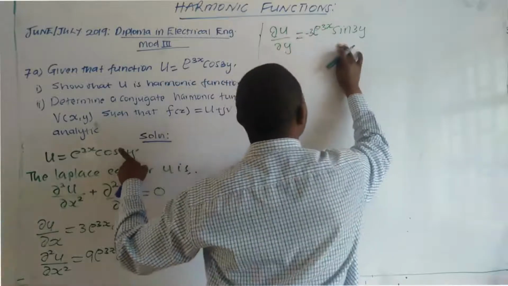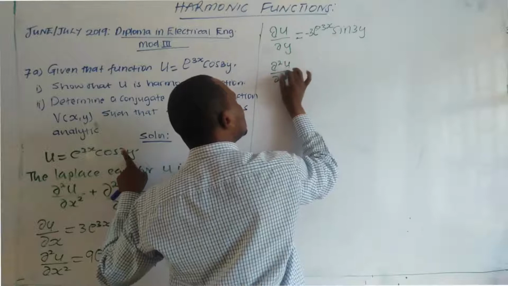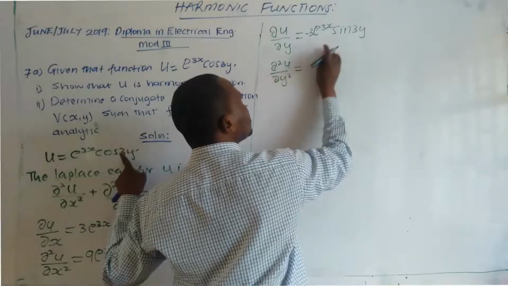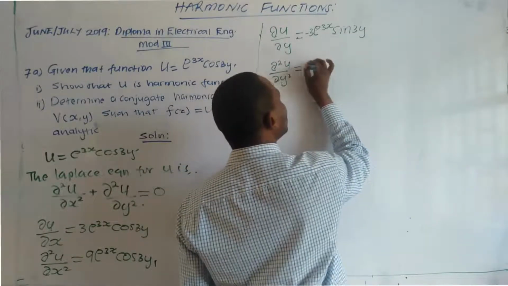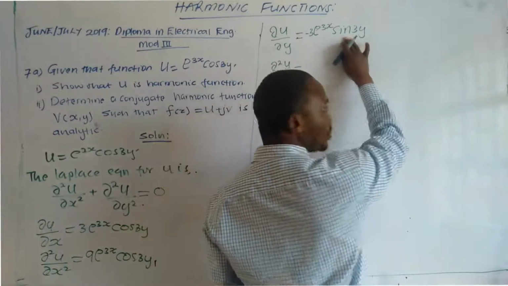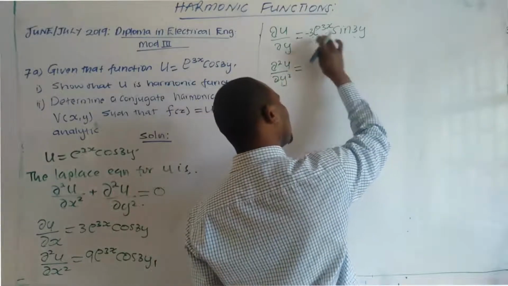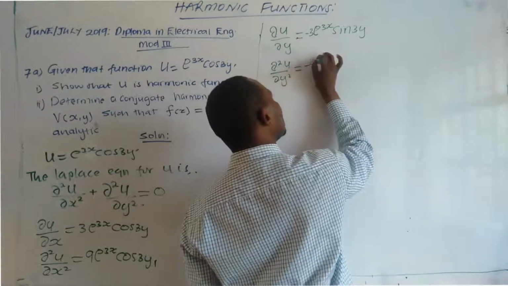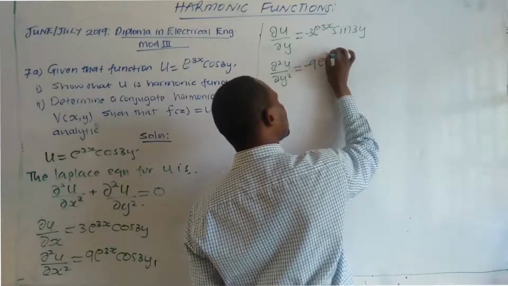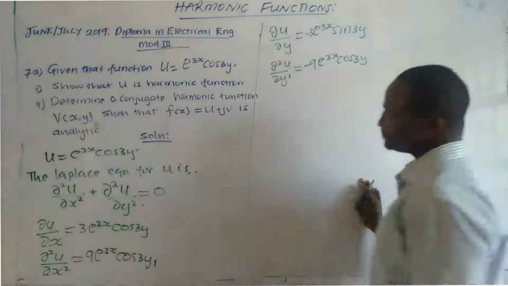If you differentiate this again, you get the second order derivative of u with respect to y. We have negative 3. If we differentiate sine 3y, it will produce 3 cosine of 3y, multiplied with this 3, it will be negative 9 exponential 3x cosine of 3y.